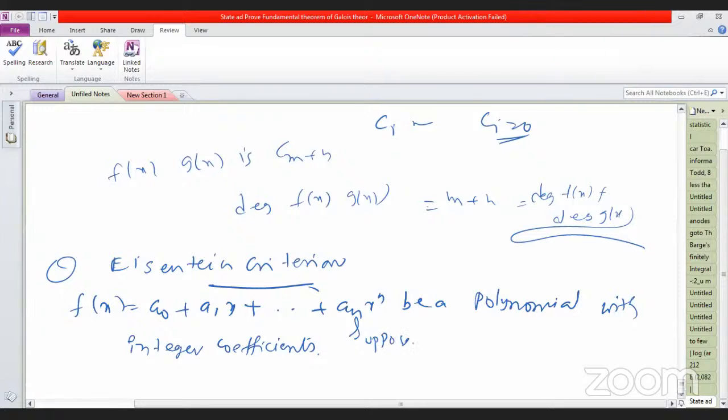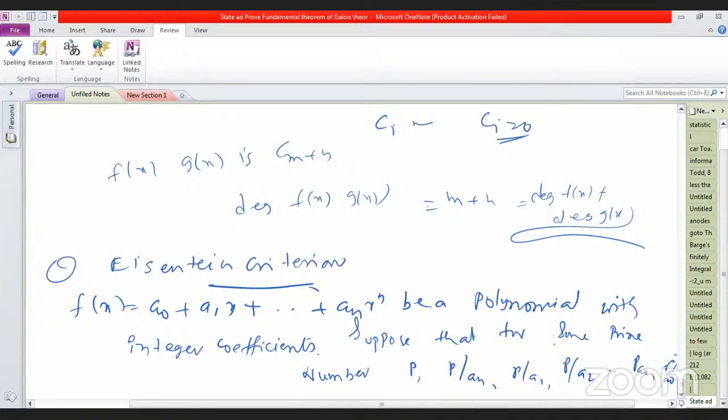Suppose that for some prime number p, p divides an, p divides a1, p divides a2, and so on, p divides a0, and p squared does not divide a0. Then f(x) is irreducible.